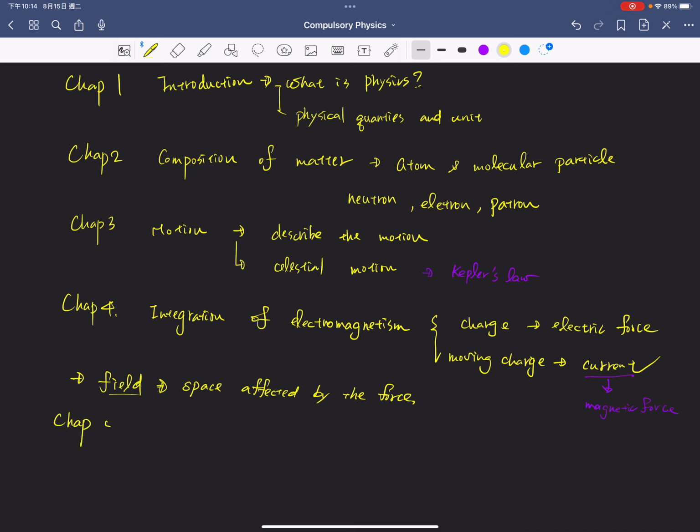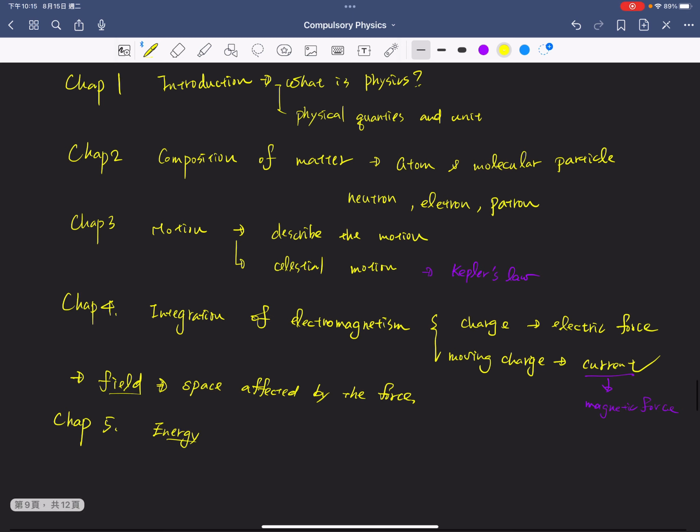Okay, so we will finish chapter 4, and we will get to talking about energy. Energy is related to work and energy types, including mechanical energy, heat energy, and also nuclear energy.